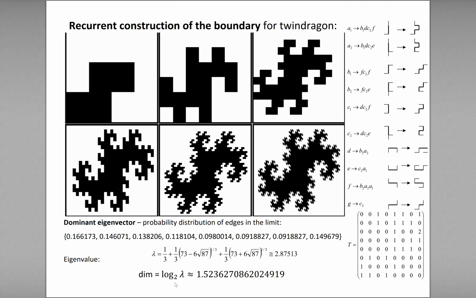From its eigenvector we could get the proportions of different types of edges in the asymptotic limit. So we can tell a lot from this kind of analysis about this boundary of this fractal. Here are the proportions, the dominant eigenvector.